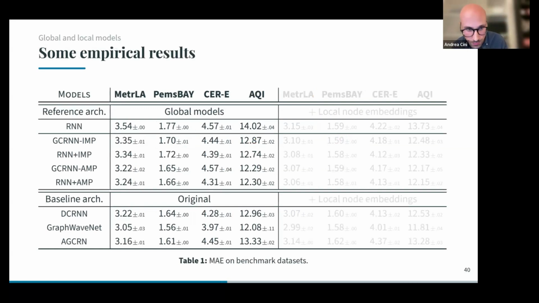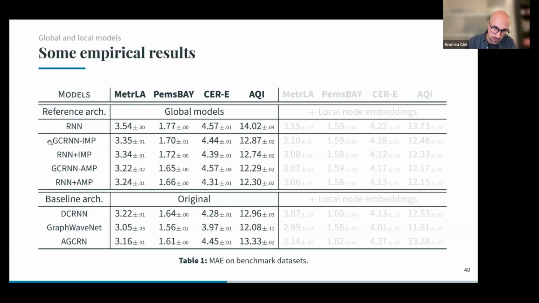We can now have a look at some empirical results. These four are very popular benchmarks for correlated time series forecasting. In the uppermost part of the table here, we have some baselines, some reference architectures that have been developed by using the template that we just saw.